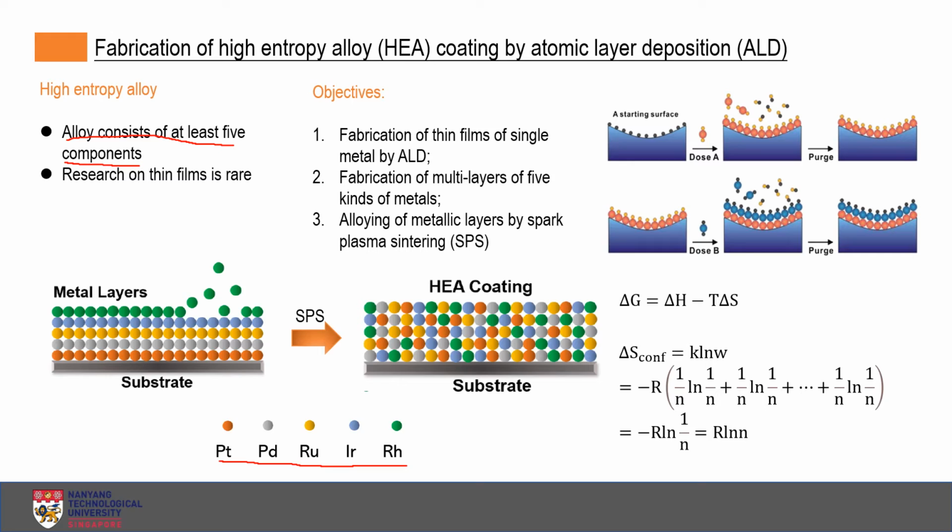And third, we will get alloying of the multi-layers by spark plasma sintering method. And in our study, we use palladium thin films as the first layer because according to simulation results, palladium thin film can be also used as the seed layer for deposition of other metals.